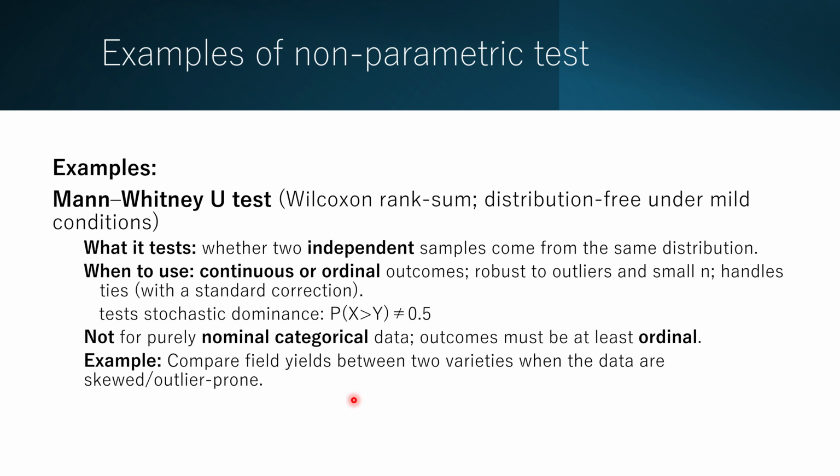That is an important point. Some non-parametric tests show the ranks and medians, not the mean differences. The results do not mention mean differences. So you need to check the interpretations.